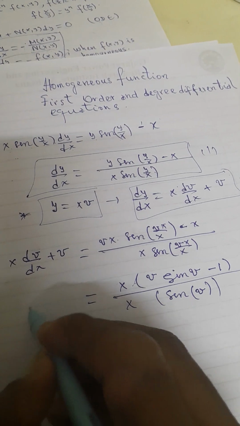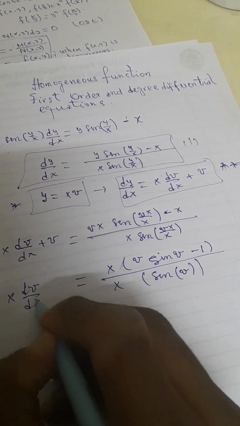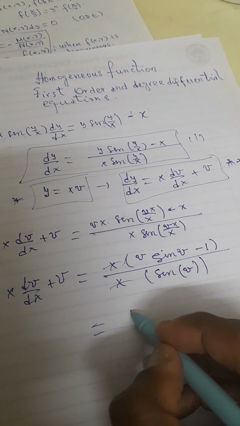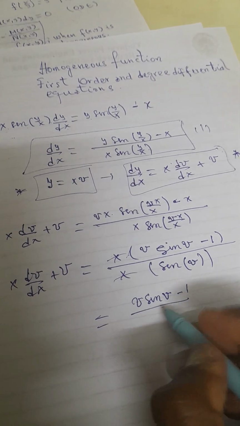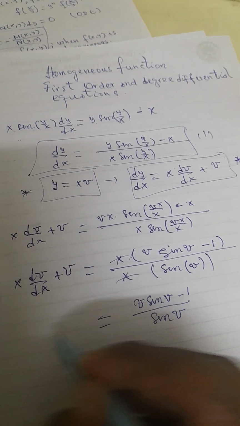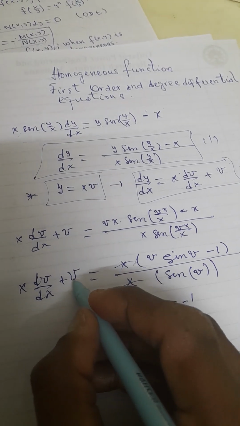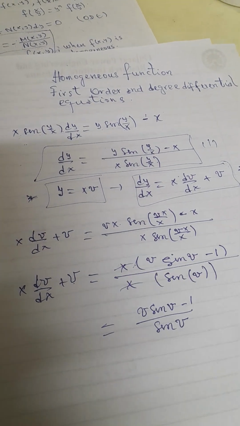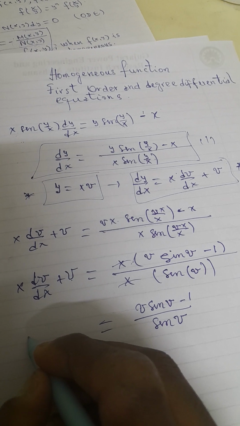And here I'll get the same, x dv dx plus v. Now x and x will go down, so this will be v sin of v minus 1 upon sin of v. And here we have v, v can go there, you can just send v there. It's okay.